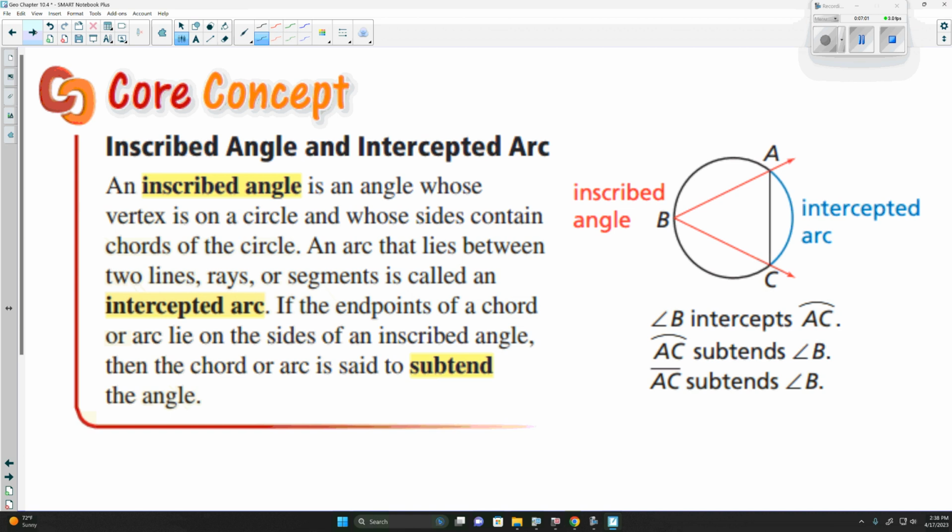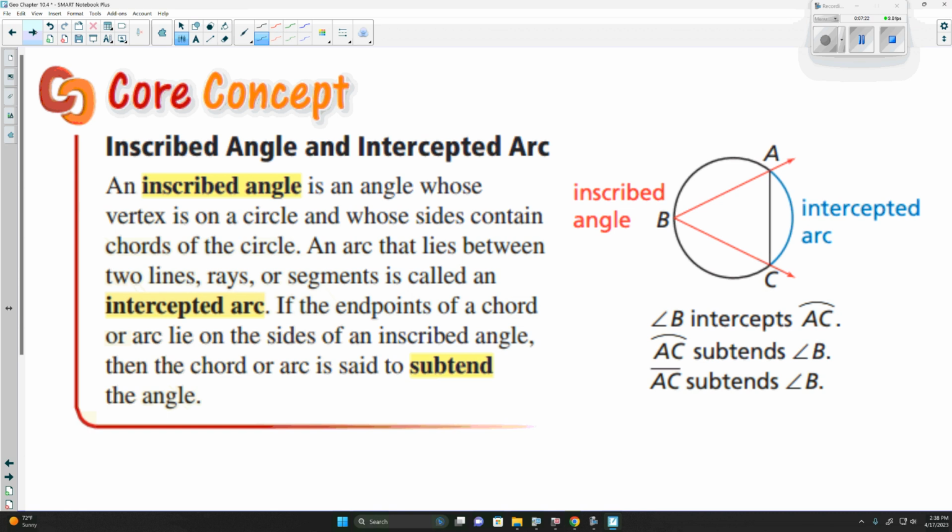What we're looking at today, or starting off with, is inscribed angles and intercepted arcs. An inscribed angle is an angle whose vertex is on the circle and whose sides contain chords of the circle. An arc that lies between the two rays or segments is called an intercepted arc.